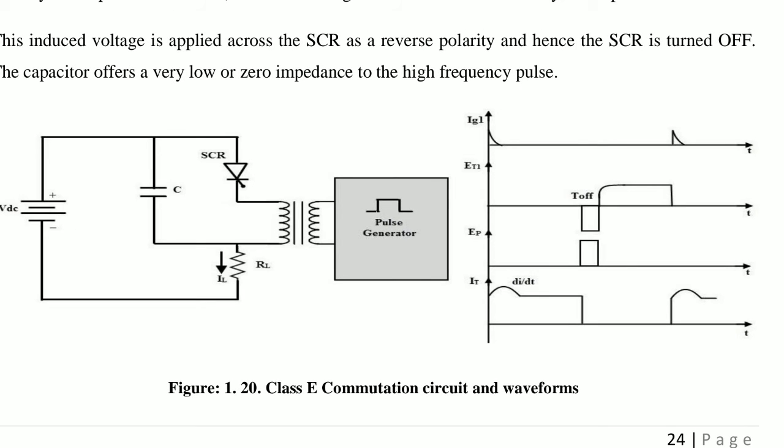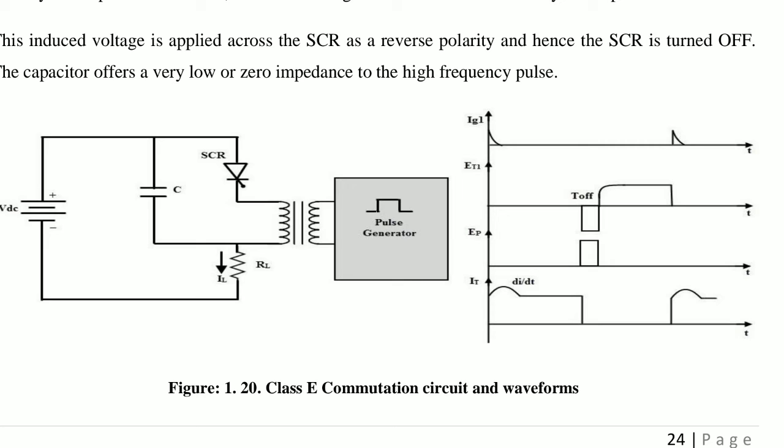There are a total of 4 waveforms: Ig1 is the gate supply for the SCR, ET1 is the voltage across the thyristor, IT is the current flowing through the SCR, and EP is the pulse transformer voltage, or we can say the pulse generator. The pulse waveform generated by the pulse generator is the third waveform.